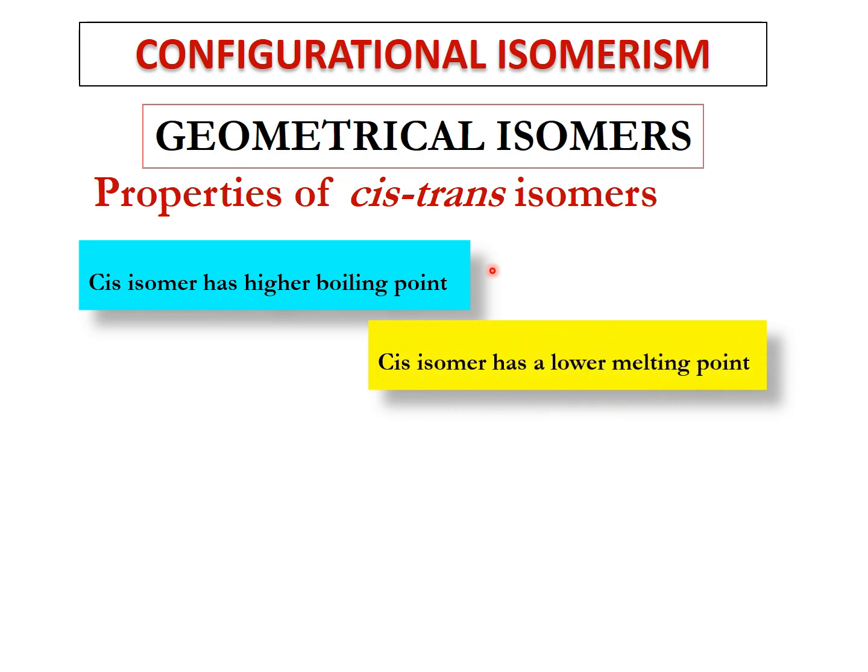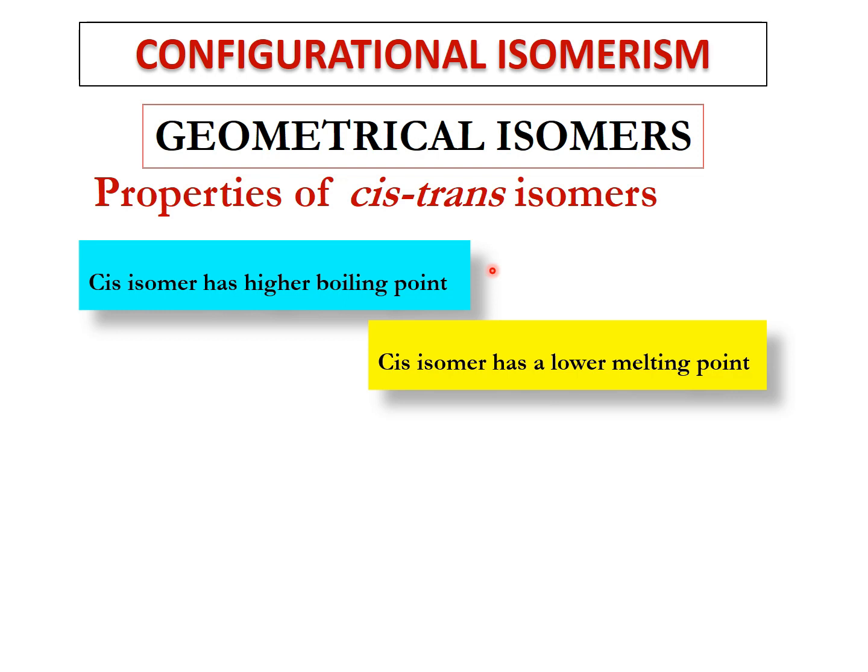Interestingly, cis isomers have a lower melting point as compared to the trans isomer. Now melting point is more or less related to the symmetry of the molecule, and as you can see, the trans isomer is more symmetrical as compared to that of the cis isomer. Cis isomer having these groups on the same side is less symmetrical, and melting point is related more to the packing of the molecules.